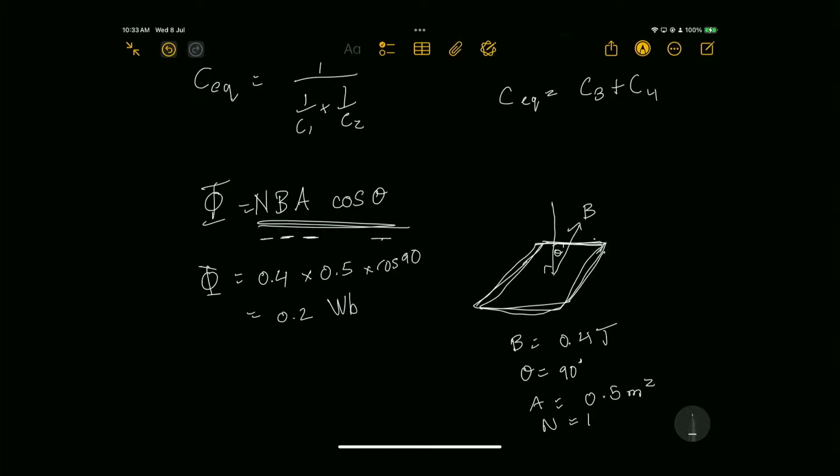We could also change, because Faraday's law says that it depends on the rate of change of magnetic flux, the magnitude of this EMF, increased or decreased by changing the rate at which we change this magnetic flux. So if we increase the angle very quickly, we would have a larger EMF, for example, right?